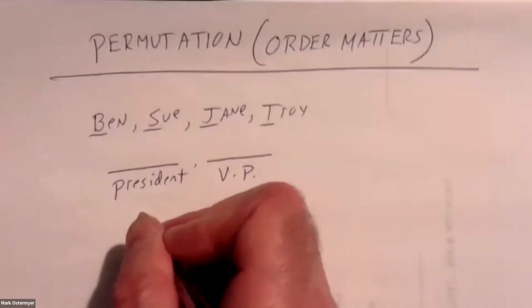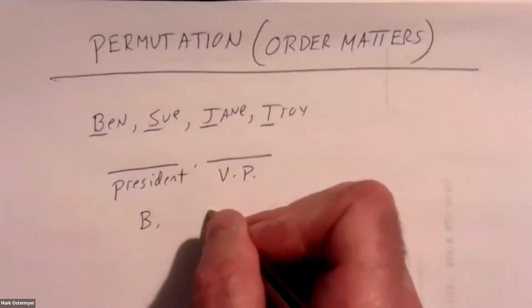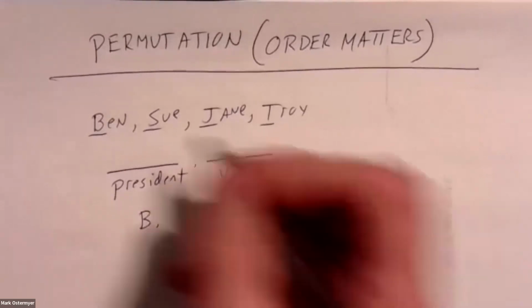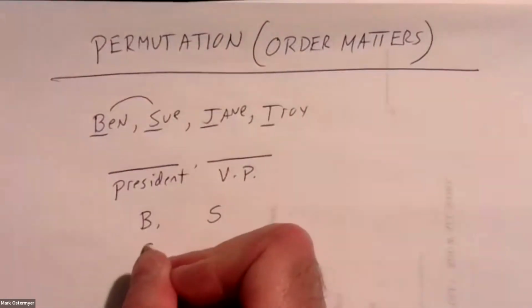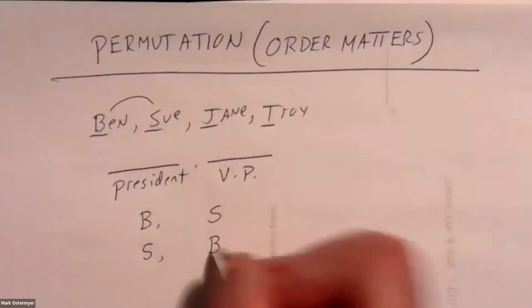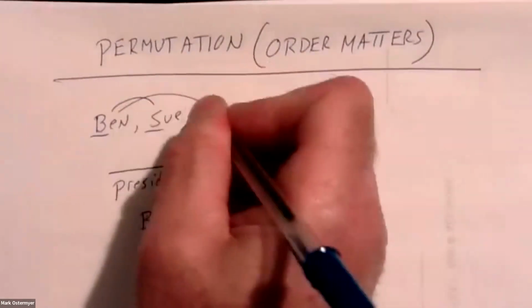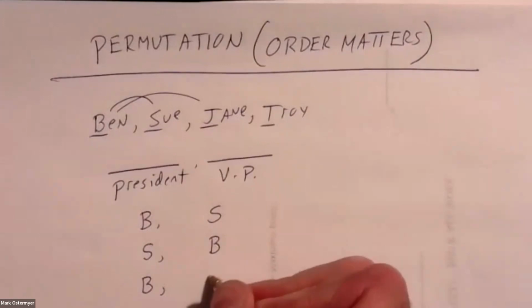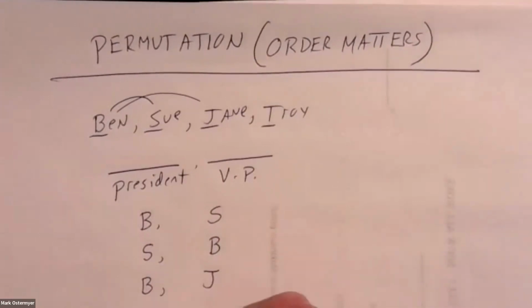Well, I could choose Ben to be president and Sue to be vice president. Or I could flip this around: Sue could be president, Ben vice president. Or I could choose Ben to be president, Jane to be vice president, or Jane to be president and Ben to be vice president.